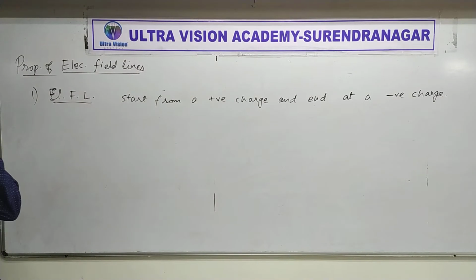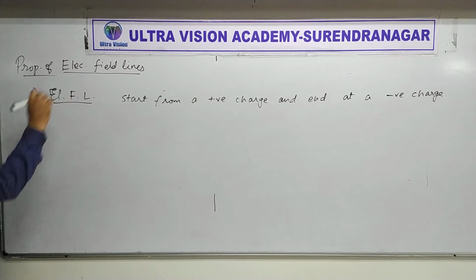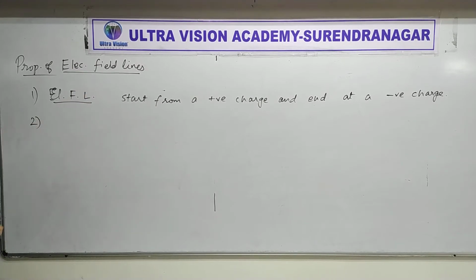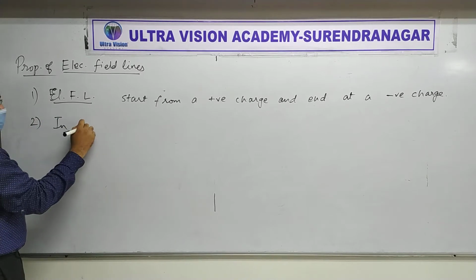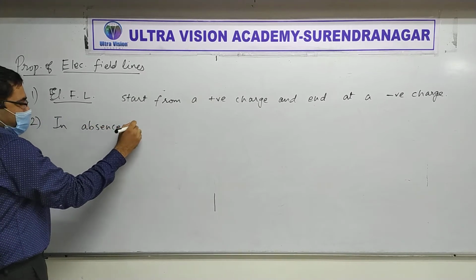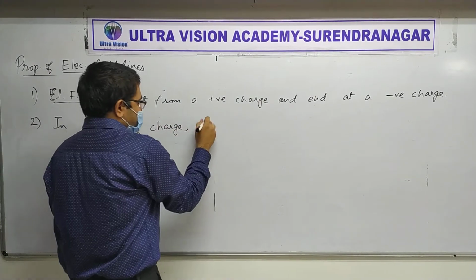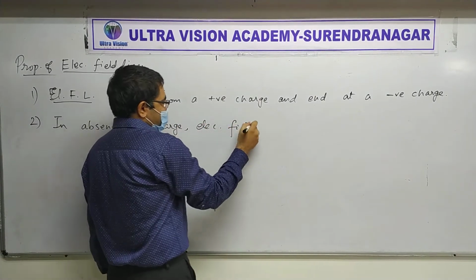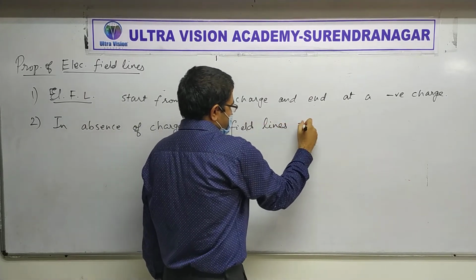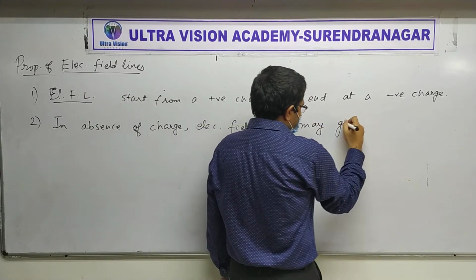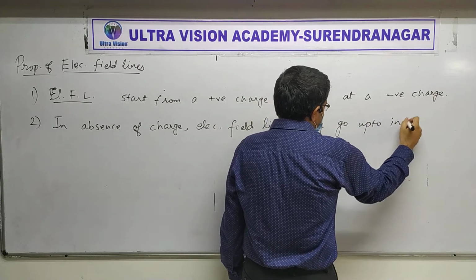Electric field lines start from a positive charge, they end at a negative charge. In absence of charge, electric field lines may go up to infinity.